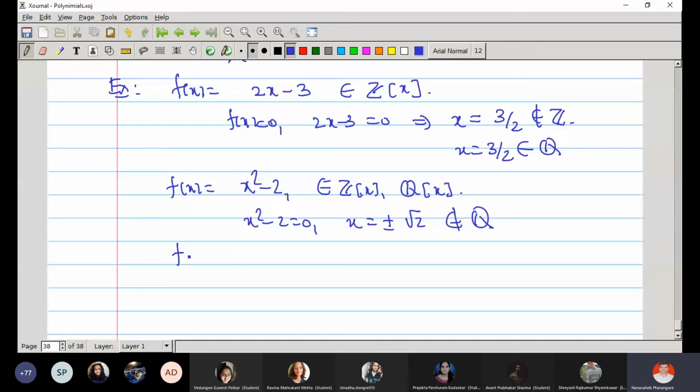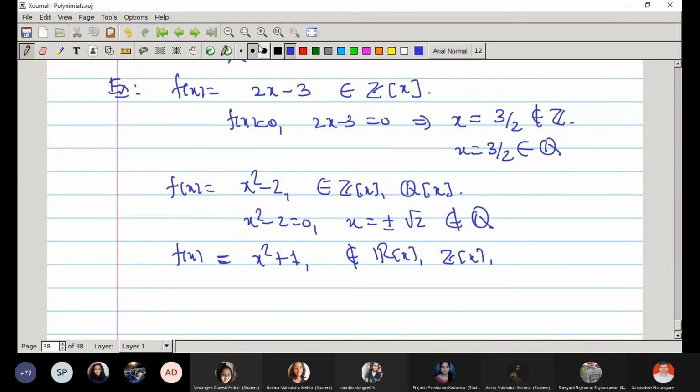Okay, now if I take a polynomial with real coefficients, is it possible that all roots are real numbers? Or that it has roots in real numbers? No, sir. So x squared plus 1. This is a polynomial with real coefficients, or you can say integer coefficients or rational, whatever. But okay, this is a polynomial in R[x] actually.